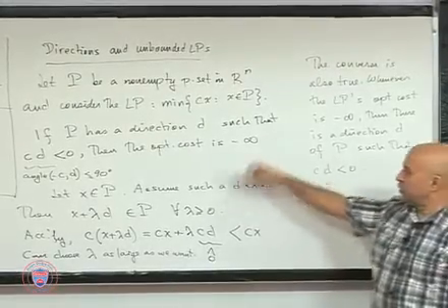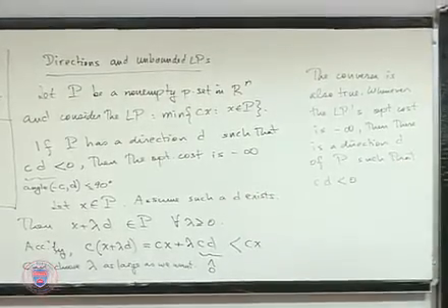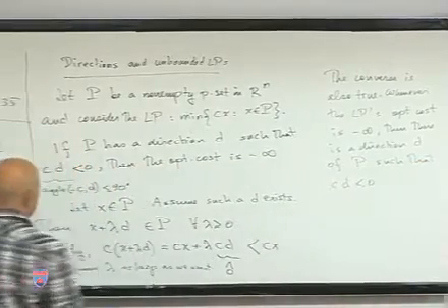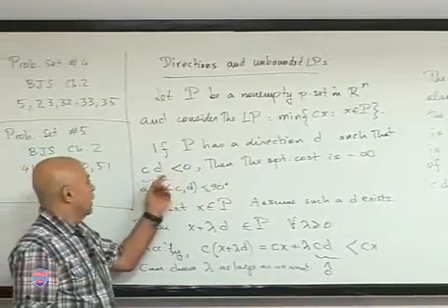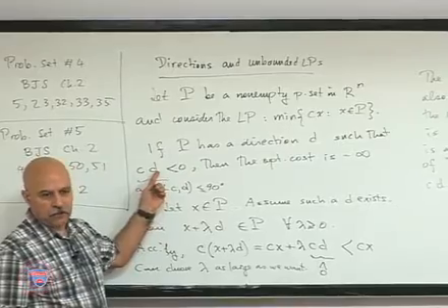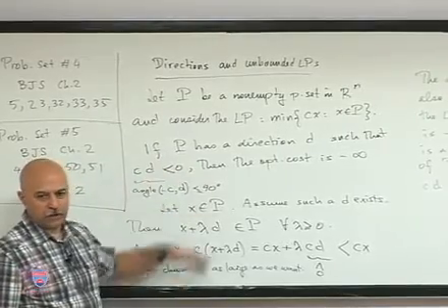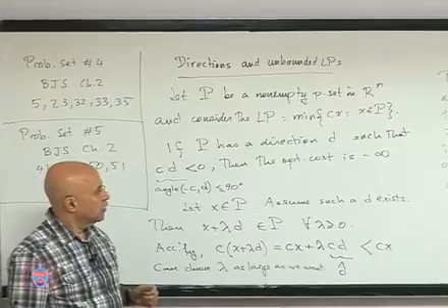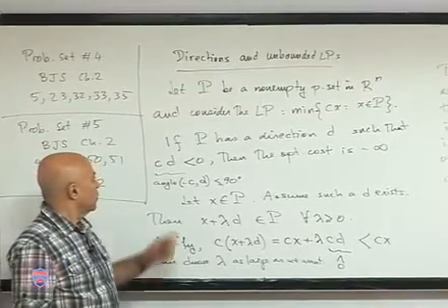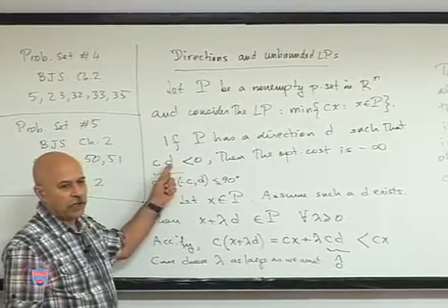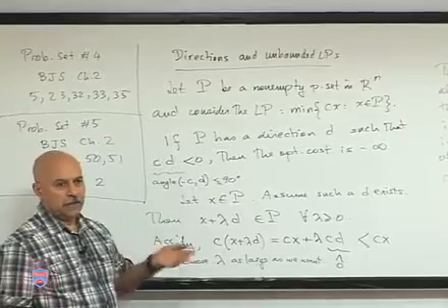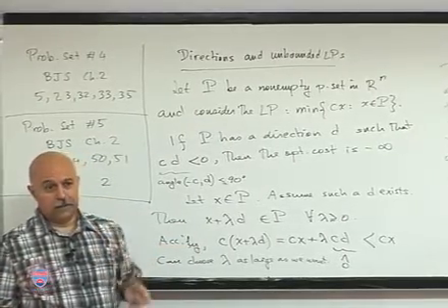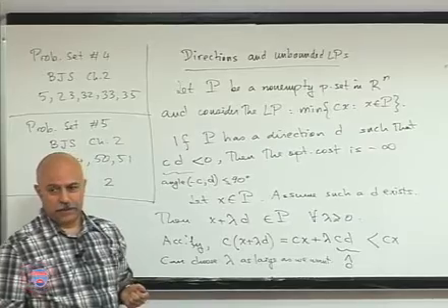Now, this is a useful observation. The only thing with this, well, it's not a problem, but either you must know such a direction in the first place to be able to conclude that the LP is unbounded, or if you don't know, then you would have to try different direction vectors D. But there are infinitely many of them, uncountably many.